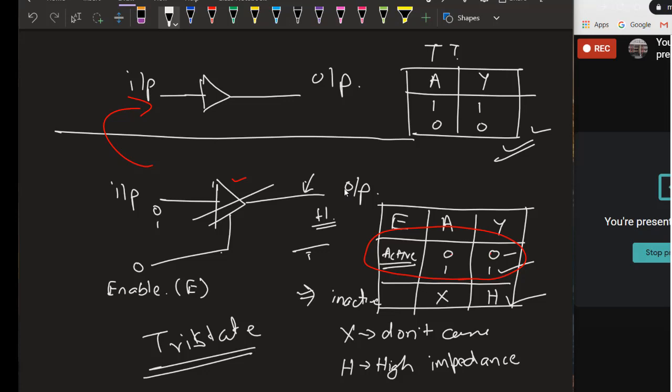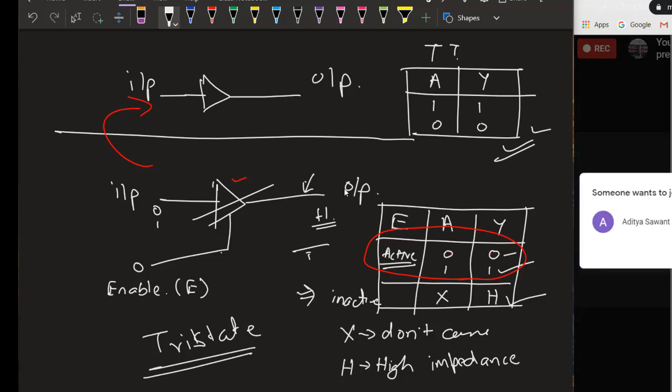This will be purely junk value, and it has nothing to do with your actual input.